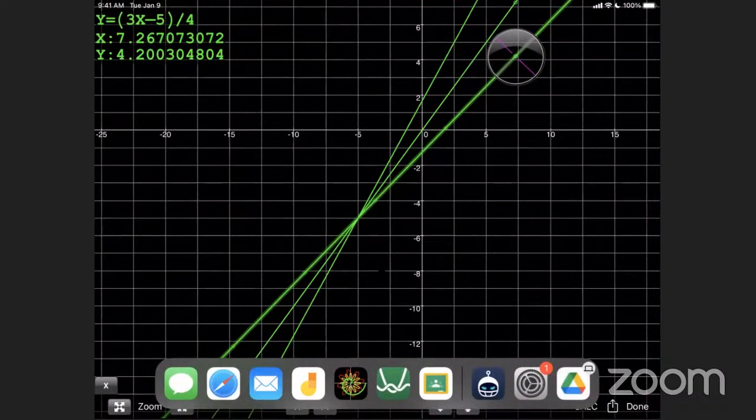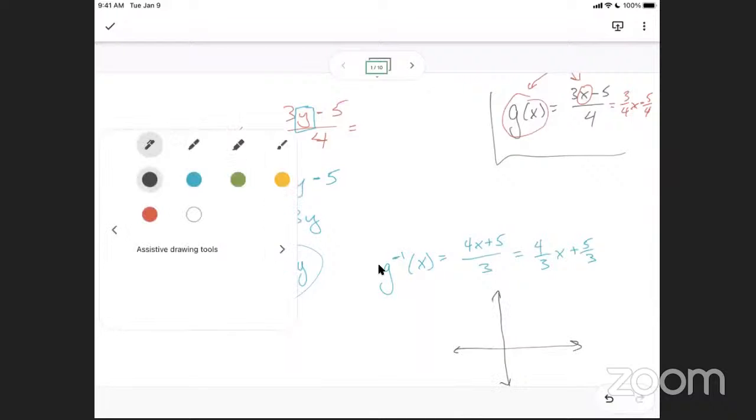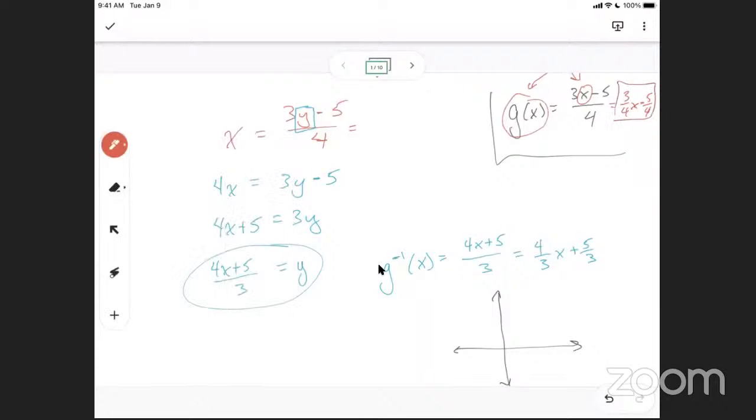Kind of hard to tell on this graph. But if I were to take it and put it on a graph like this, the red graph up here, 3/4 and -5/4. So there's your -5/4, and it goes up 3/3. It would be like this.